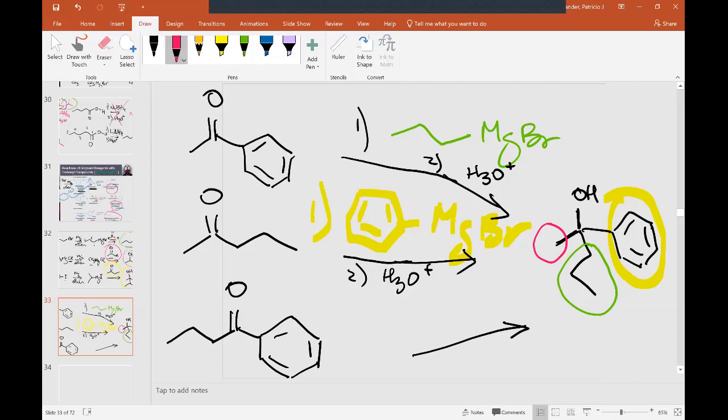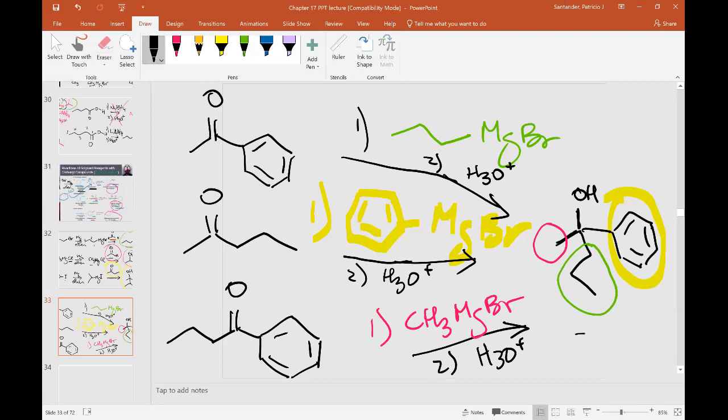So that's why my step number 1 should be methyl magnesium bromide. And then, as usual, step number 2, H3O plus. Make sense? So there you go. When synthesizing a tertiary alcohol where all 3 groups are different, you have 3 different ways to synthesize it.